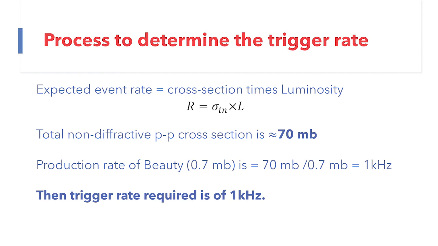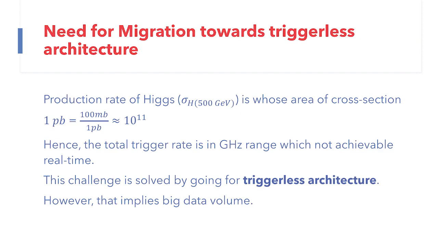So next part, I'm covering what happens when you go into the Higgs particle. When we go for the production of Higgs particle, the cross-section is around 1 picobarn. Now, just for your calculation, I've given it 100 millibarn by 1 picobarn. It is 10 to the power 11, which means the trigger rate is in gigahertz, and that is not achievable in real time.